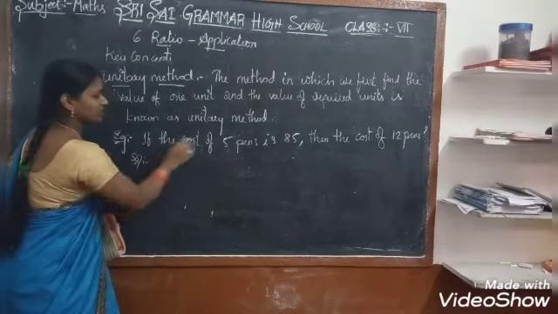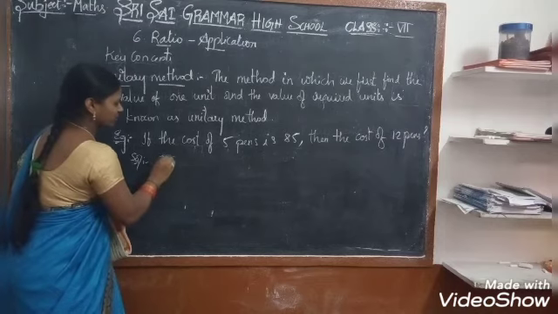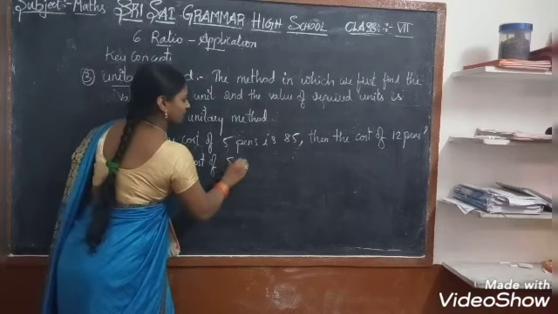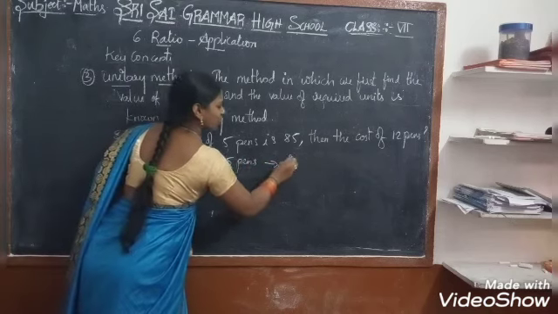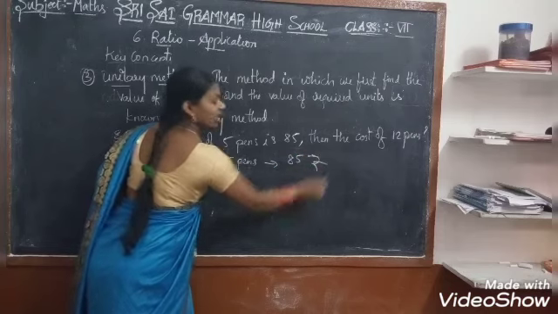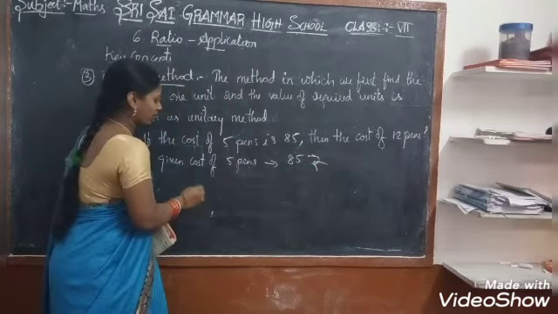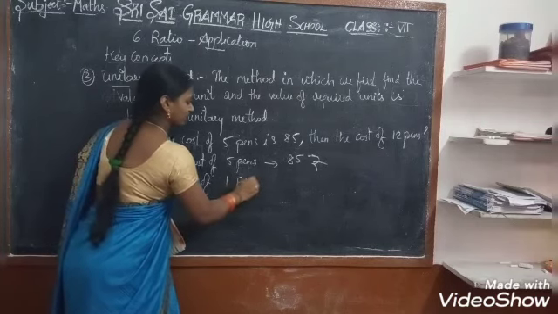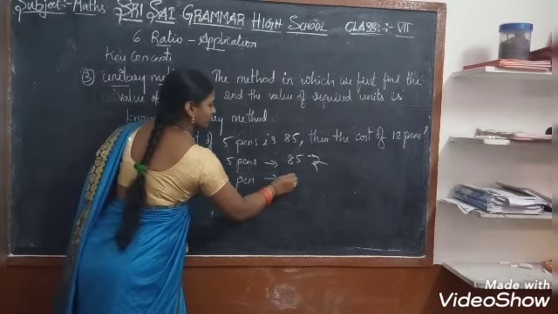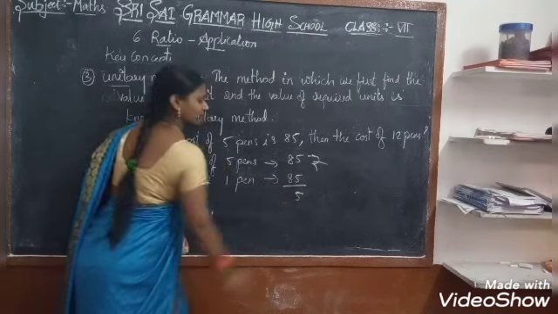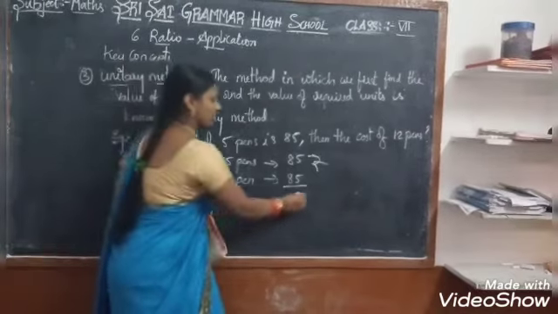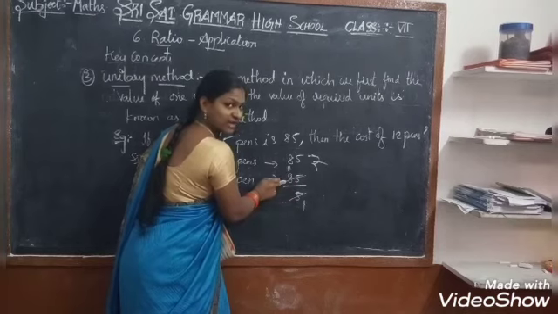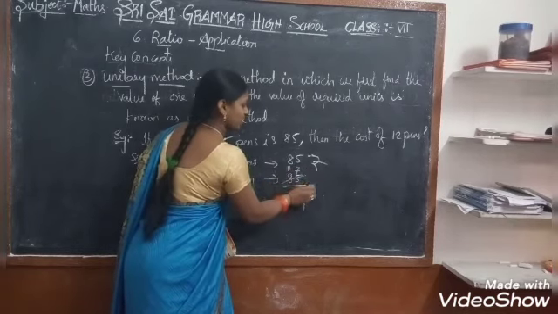What is given? The cost of 5 pens equals 85 rupees. Now, the cost of 1 pen equals 85 by 5. 5 ones are 5, 3 left in 8, so 5 sevens are 35.